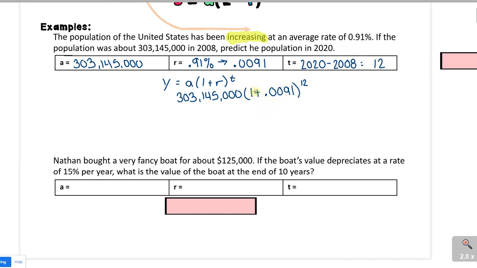It's your decimal plus 1. So we get 1.0091 raised to the 12th. And don't forget your A. So 303,145,000. Now in your calculator, you are going to type this as it is.